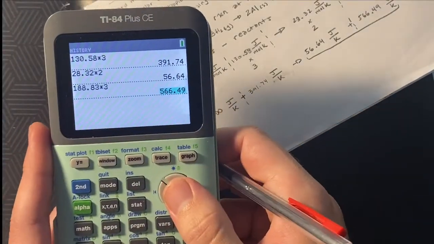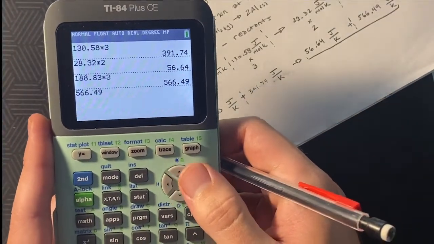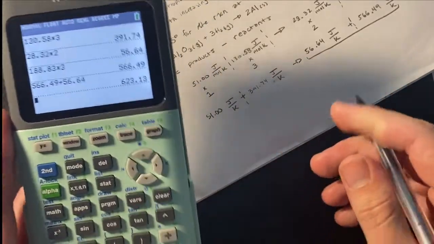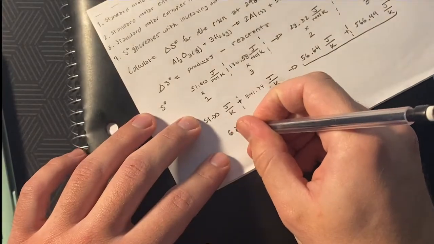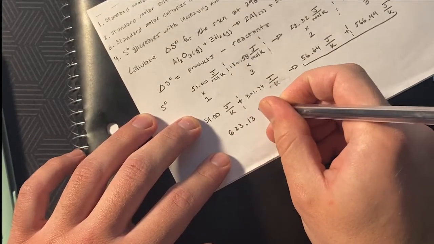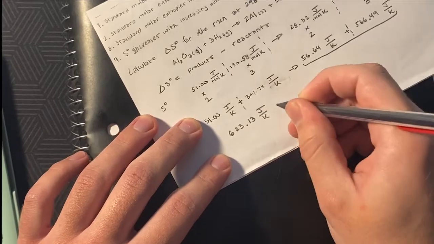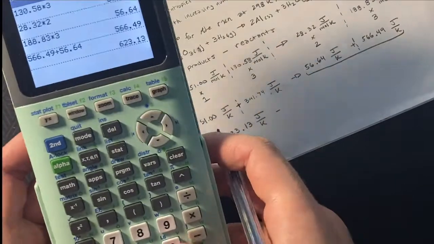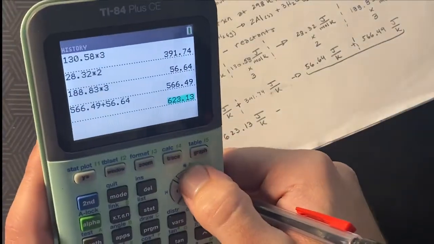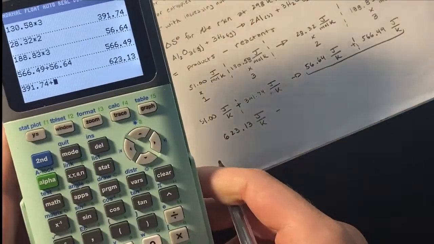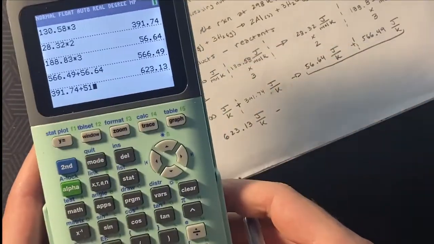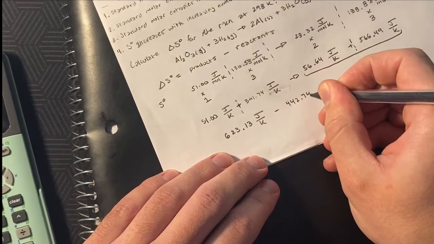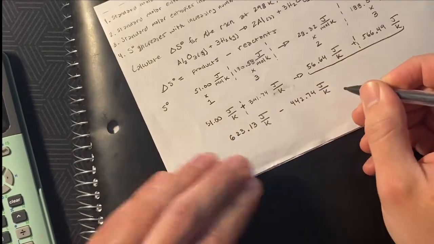So it'll be 566.49 plus 56.64. That gives us 623.13 joules per Kelvin, minus our reactants, which is 51 plus 391.74, and that gives us 442.74 joules per Kelvin.